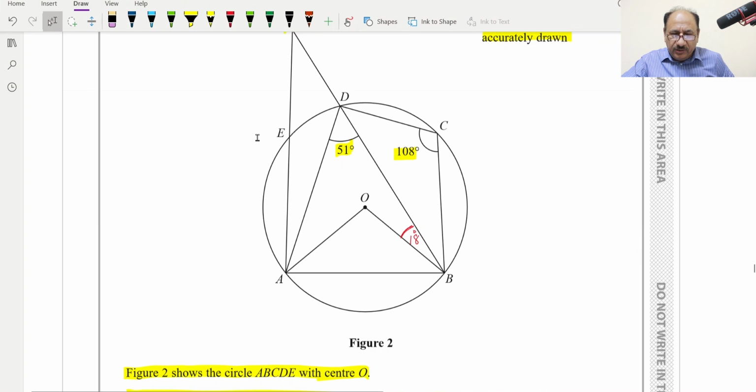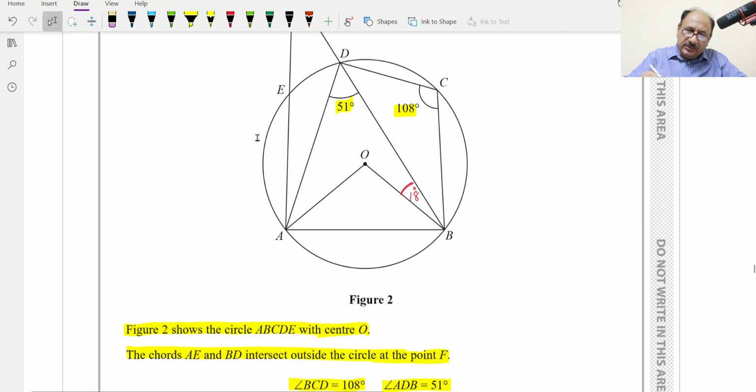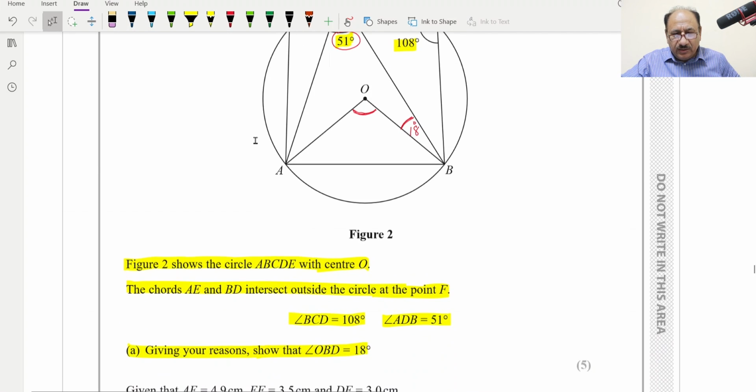So for that one, first of all, we can check the angle at the center is always double of the angle at the circumference. So we can write angle AOB is equal to 102 degrees.